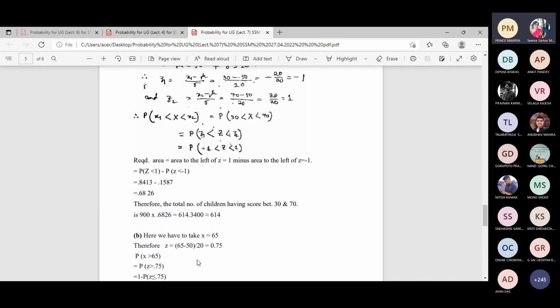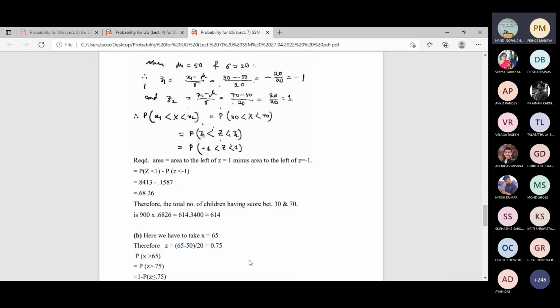Ma'am, when we are saying the total number of students having score between 30 and 70, then are 30 and 70 included or excluded? No. 30 and 70 are the marks and student is X. This is the number of students whose marks lie in between 30 and 70. That means the specific marks 30 and 70 are excluded, right?